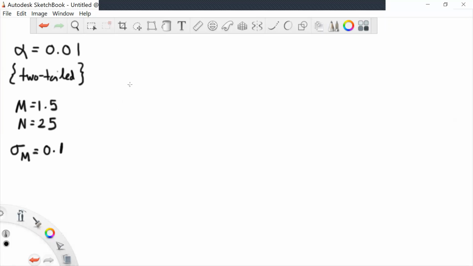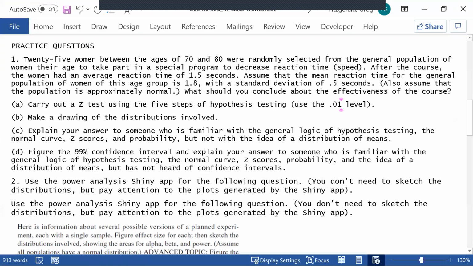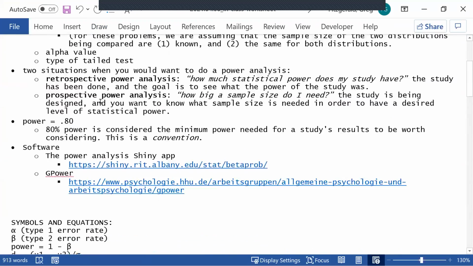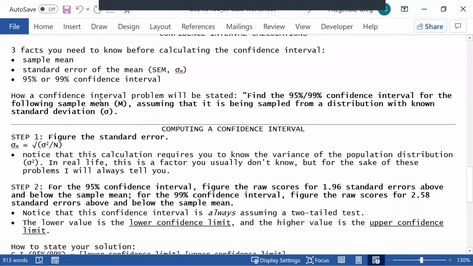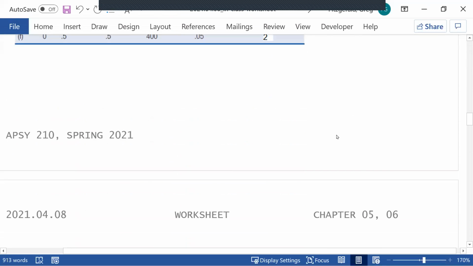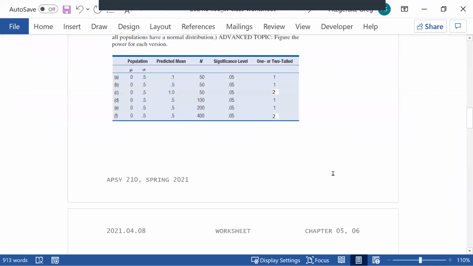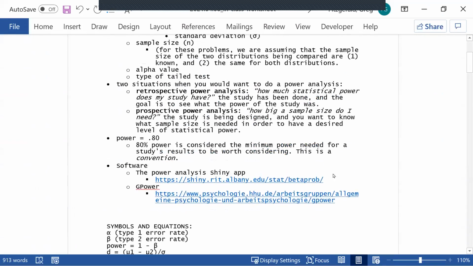And for the confidence interval calculation, I give on the worksheet that I posted online but did not print out for you guys a very helpful set of tools for how to solve confidence interval problems. So when you're doing practice problems, I recommend that you look to the confidence interval problems and how to solve them. Hold on.